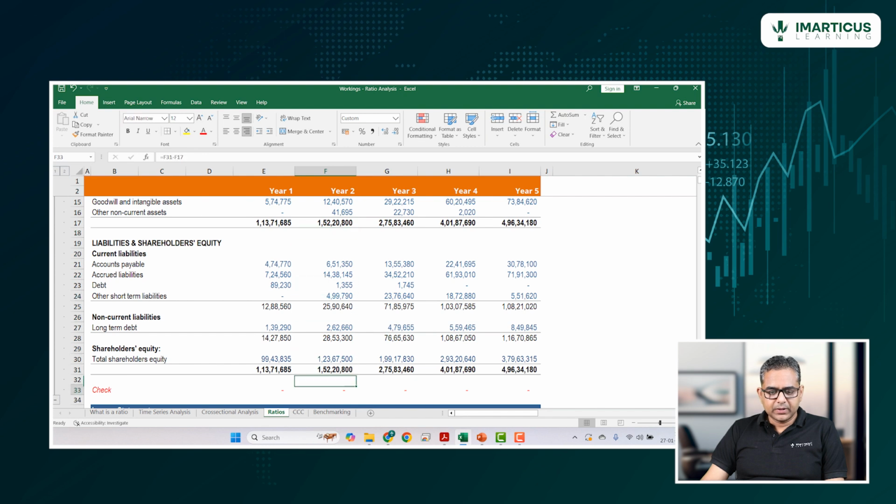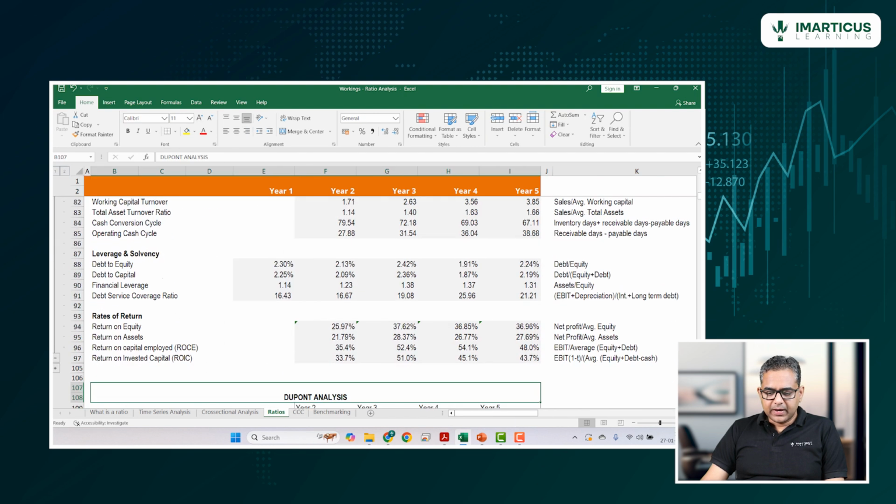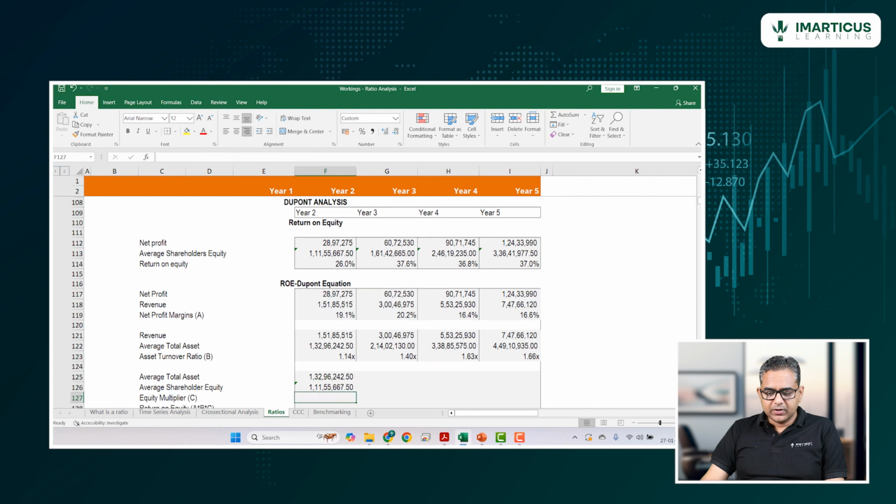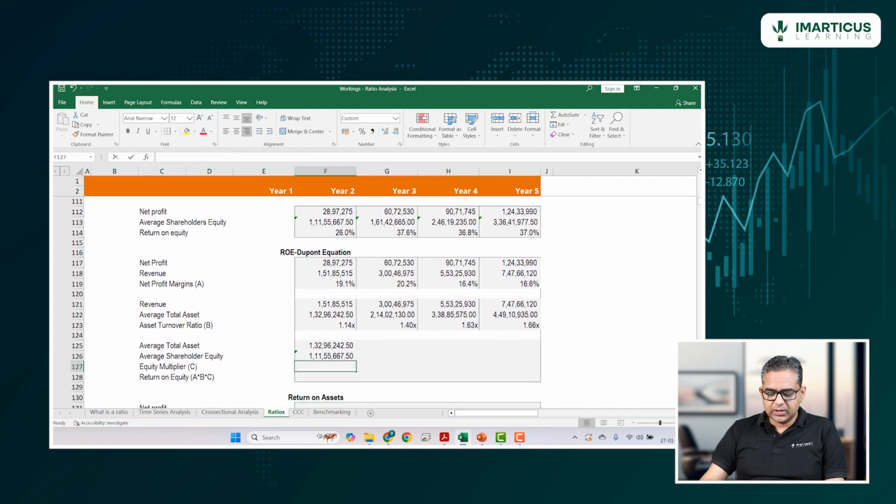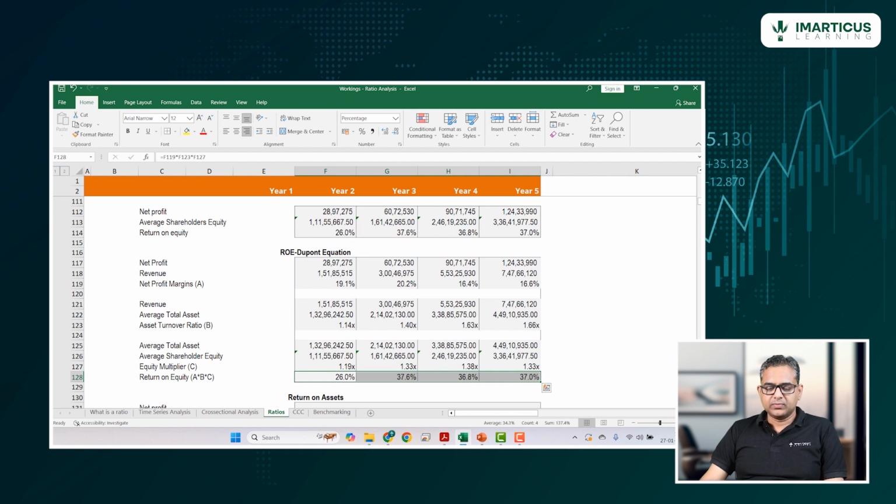Yeah, correct. So here we have average of total assets and average of shareholders' equity. So we can get equity multiplier as this, and then we can multiply net profit margin into asset turnover ratio into financial leverage to get our return on equity. So this should match with this ideally, right?